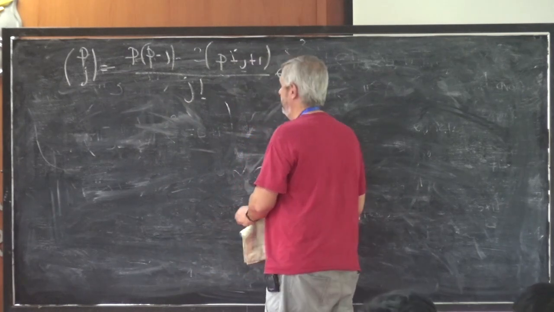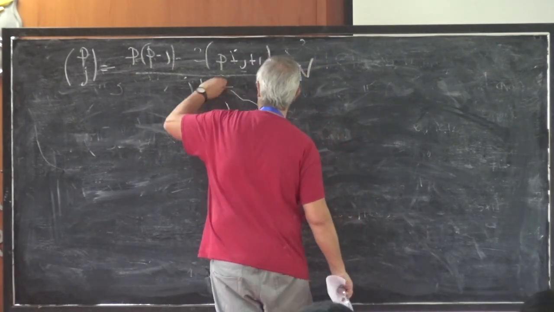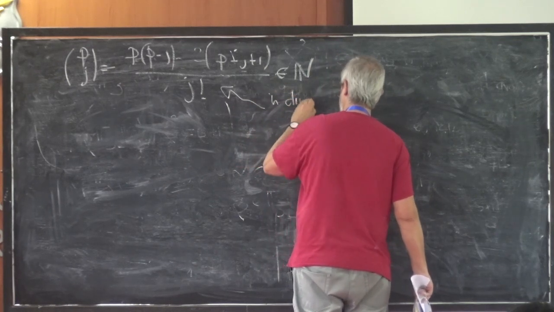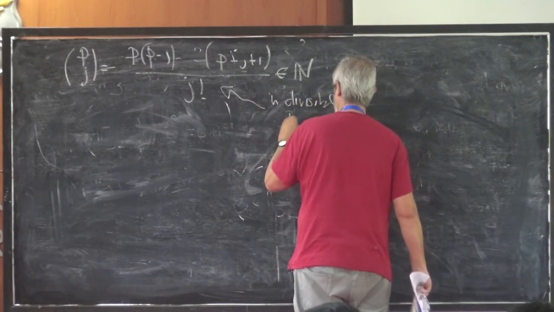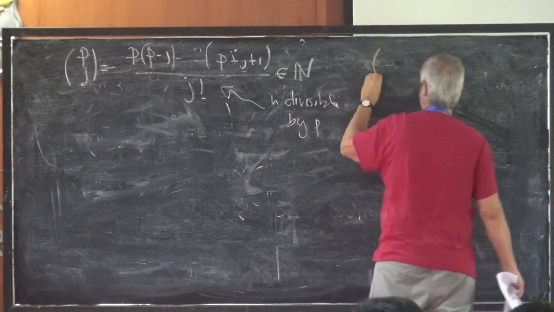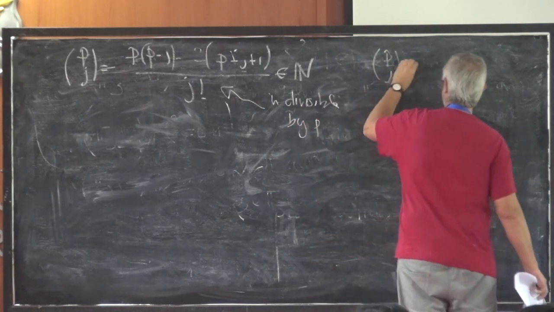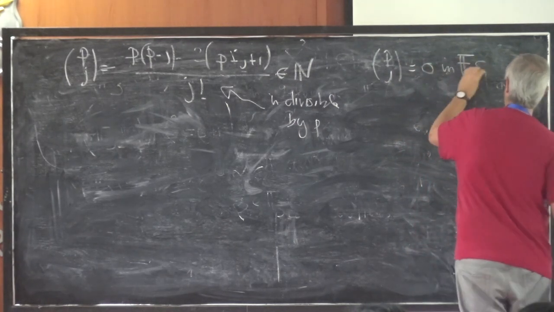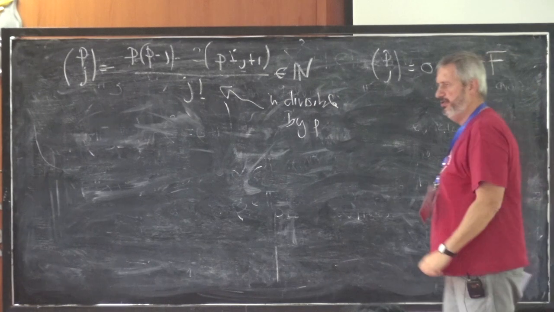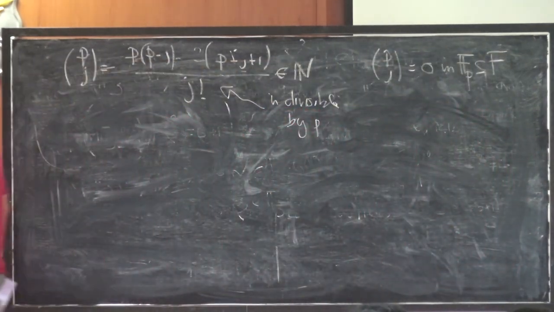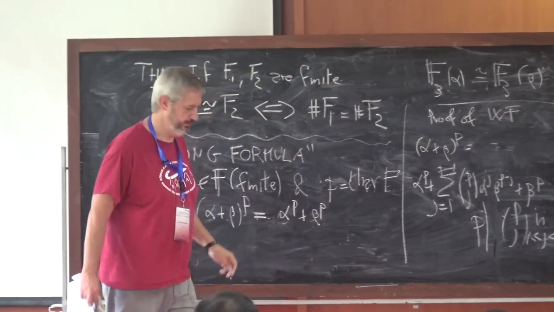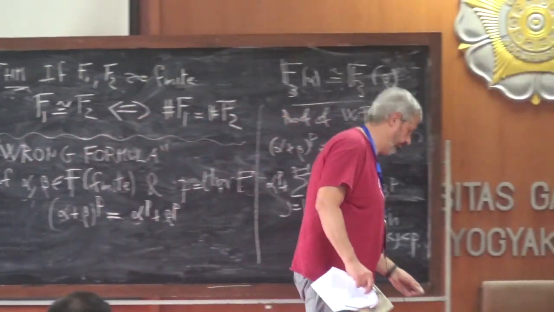So this is divisible by P. So the binomial coefficient is actually 0 in Fp, which is contained in F. Right? So all these terms are 0, and so you have this formula, the so-called Brown formula.